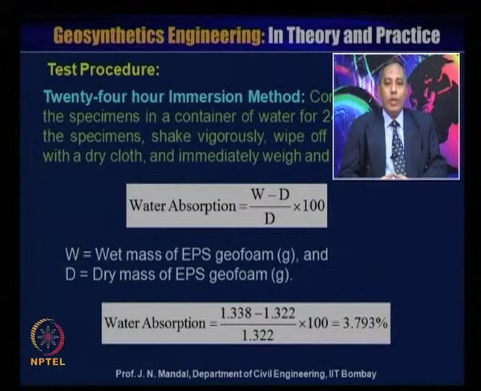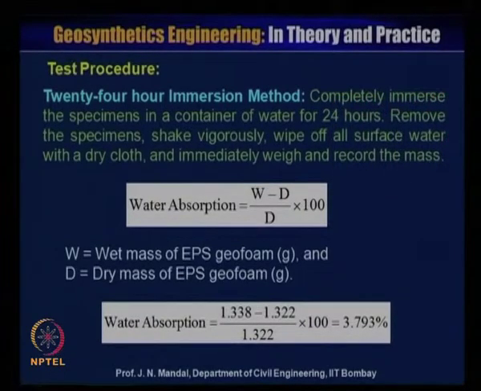So, here water absorption is equal to the wet mass of EPS geofoam, 1.338, minus D, that means the dry mass of EPS geofoam, 1.322, divided by the dry mass, 1.322, into 100. So, water absorption is 3.793%.